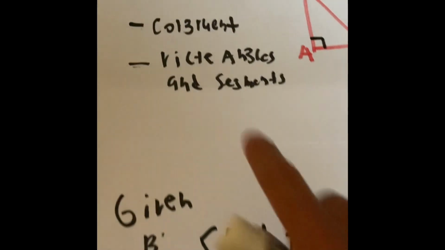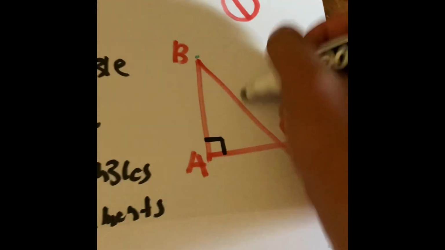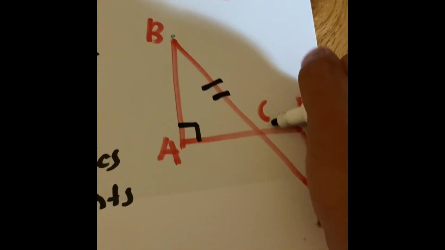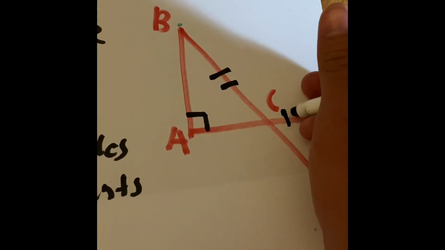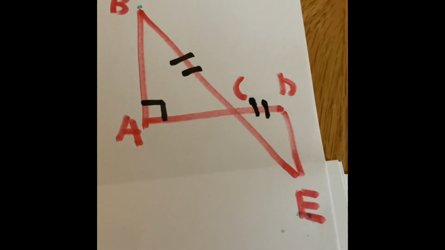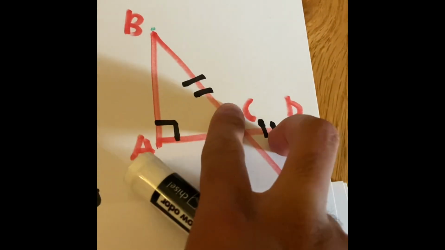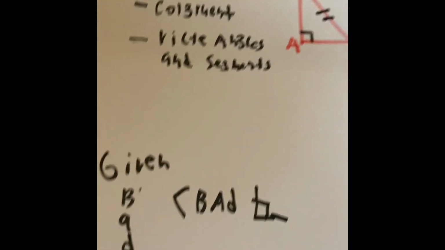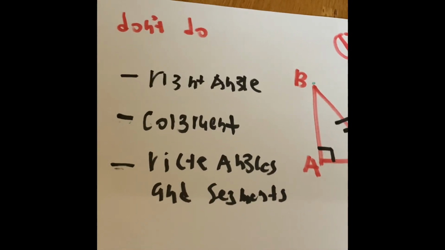The marks apply to congruency, so this can be congruent to this, even though it doesn't look like it. The two lines right here are not congruent. So if there are symbols, if it's given to you, or if you can prove anything about it, then you can break the rules with the don'ts.